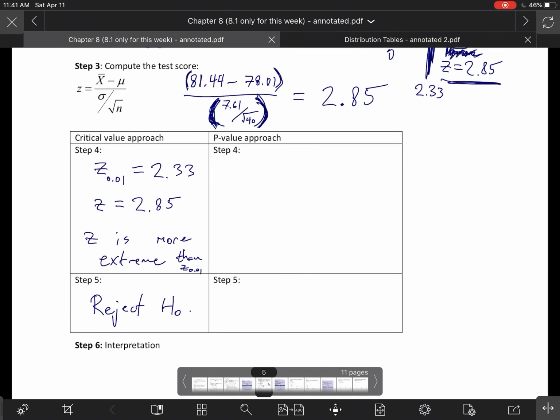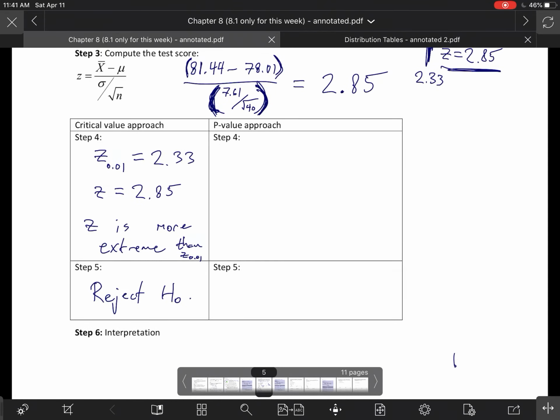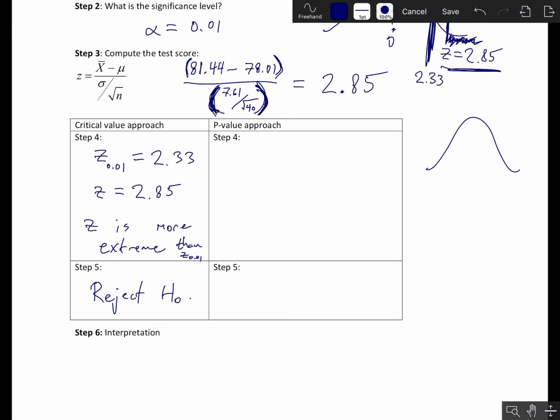So what we just saw is that the area to the left of 2.85 is 0.9978. And that means that the shaded area that we're looking for is 1 minus that, which would be 0.0022.